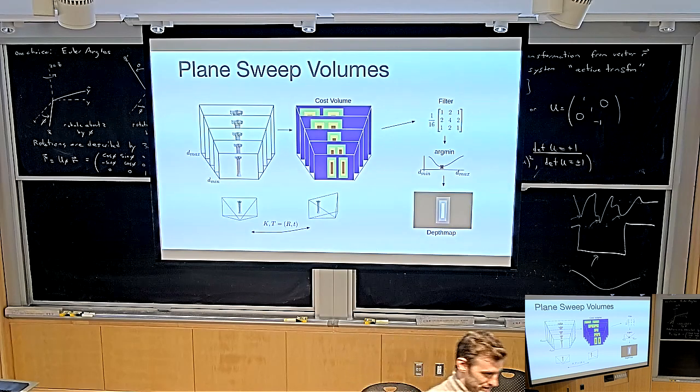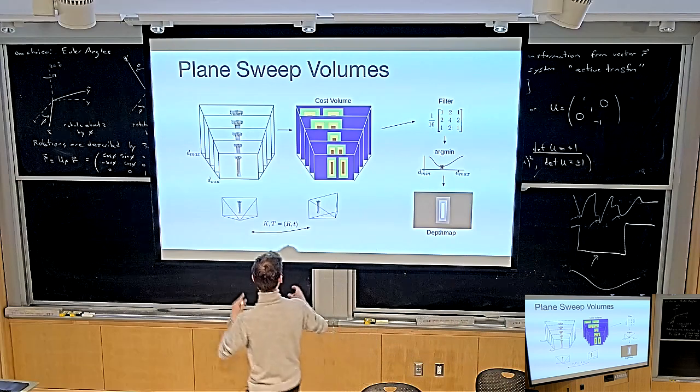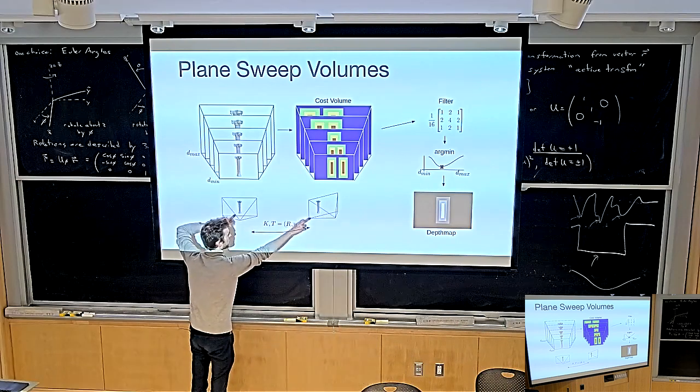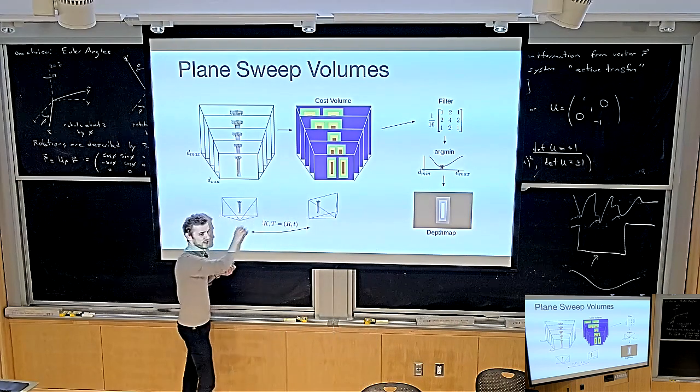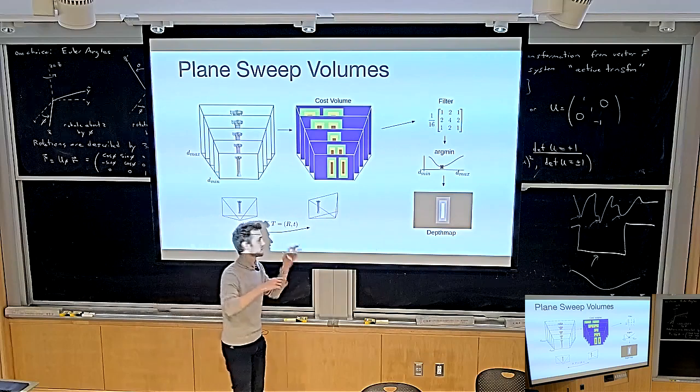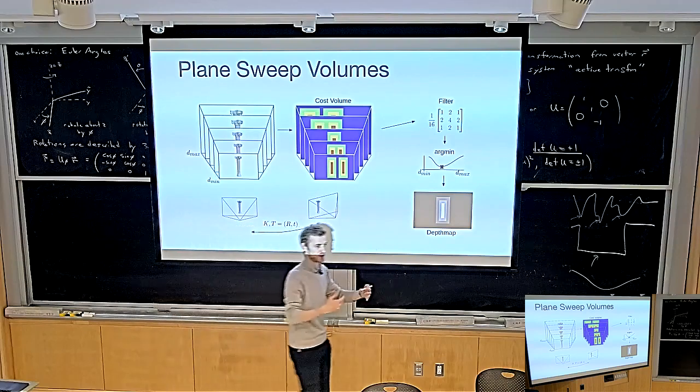Right. So did you hear what Cairo said? Cairo said that instead of using colors, you can use features. What does that mean? Let's think about that for a moment. When Cairo says features, what he means is instead of naively using the colors that you get from these two RGB images, imagine that you have a convolutional neural network that looks at image 1, and a convolutional neural network that looks at image 2.